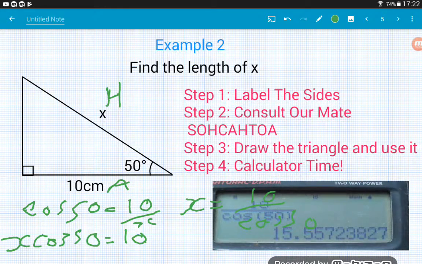So that's really when the triangles help us out, if the thing that we're after is on the bottom of a fraction. However, there is a cheeky approach to it as well. You may well notice that from where we wrote down cos 50 equals 10 over x to the answer, all that has happened is the x and the cos 50, the trigonometry bit, have switched places, and that is always true when you're doing trigonometry.